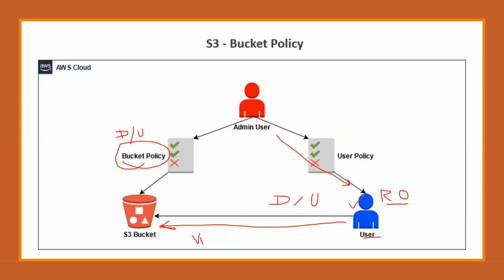After applying this bucket policy, the same user can go to that S3 bucket, delete the object and add an object in the S3 bucket. This demo we will see in the POC. The same use case we will check in the POC.